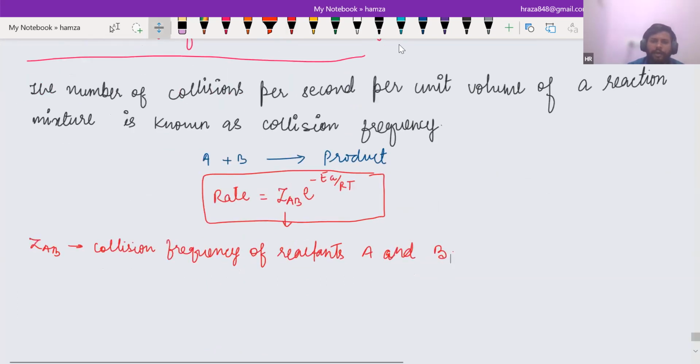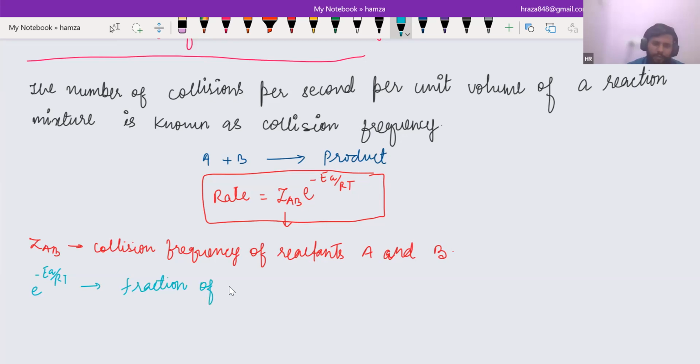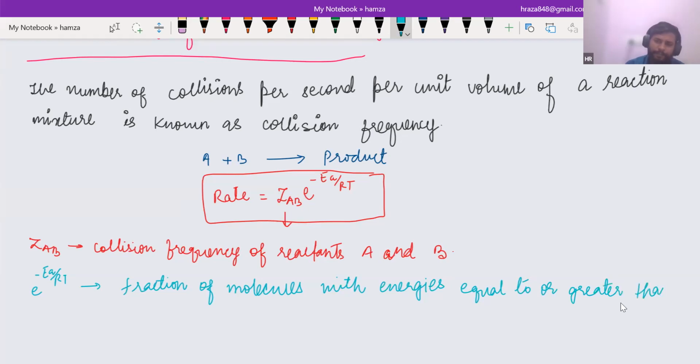And what is this e raised to the power minus Ea upon RT? This e raised to the power minus Ea upon RT is the fraction of molecules with energies equal to or greater than activation energy.